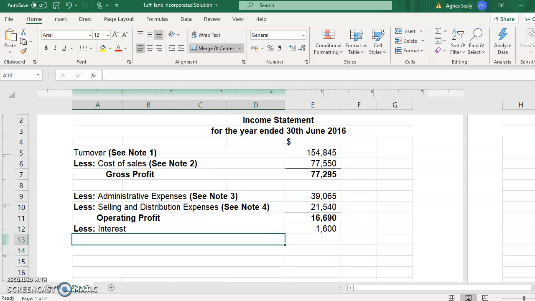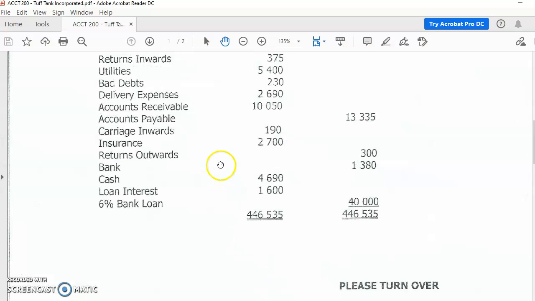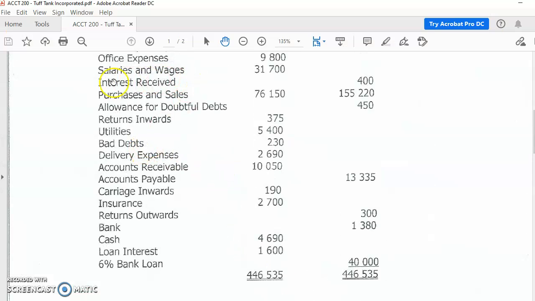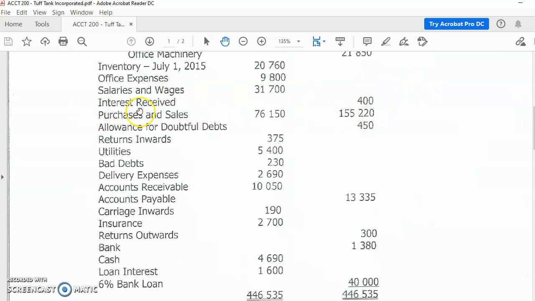And in our question in the trial balance, we also realized we received interest. Not sure what we received the interest from, but we received interest. Maybe we could have received it on our bank balance, but we got some interest, and that interest was $400.